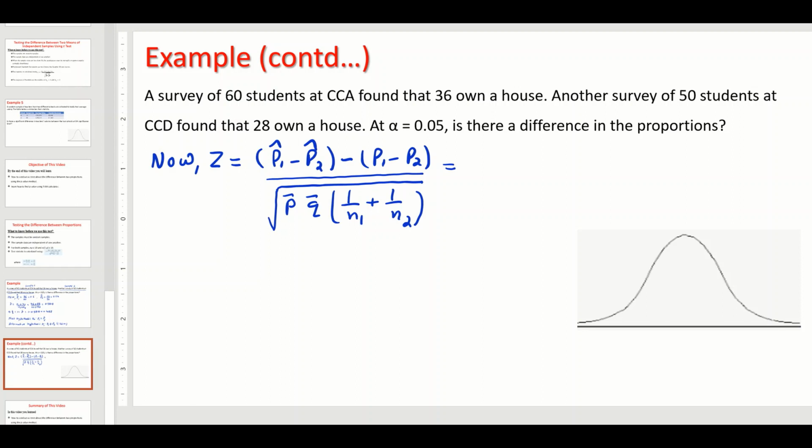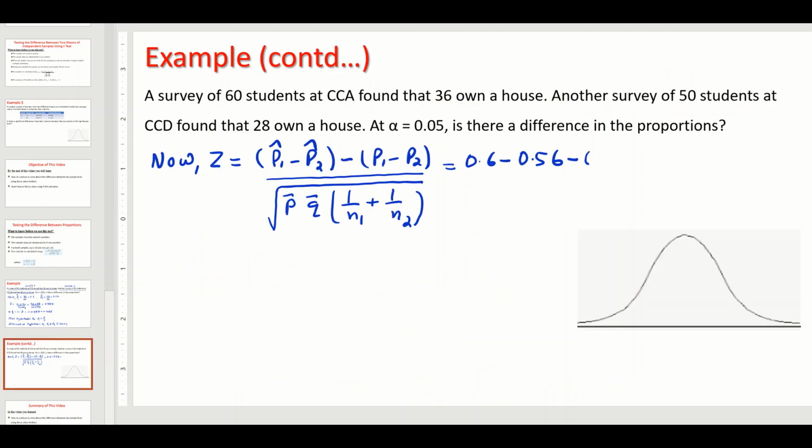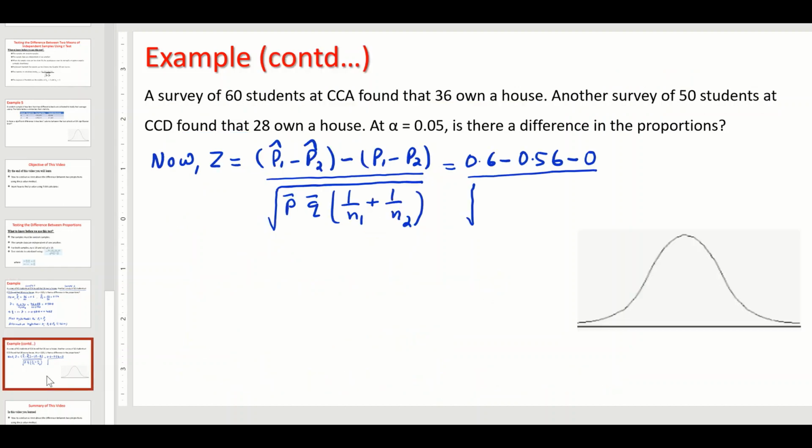P1 hat, as we have calculated in the previous slide, is 0.6, minus P2 hat, which is 0.56, minus this difference, P1 minus P2. If you look at the null hypothesis, we stated that they are equal, so the difference must be 0, divided by the square root of P bar, which is 0.5818, and Q bar, which is 0.4182. So let's write those values.